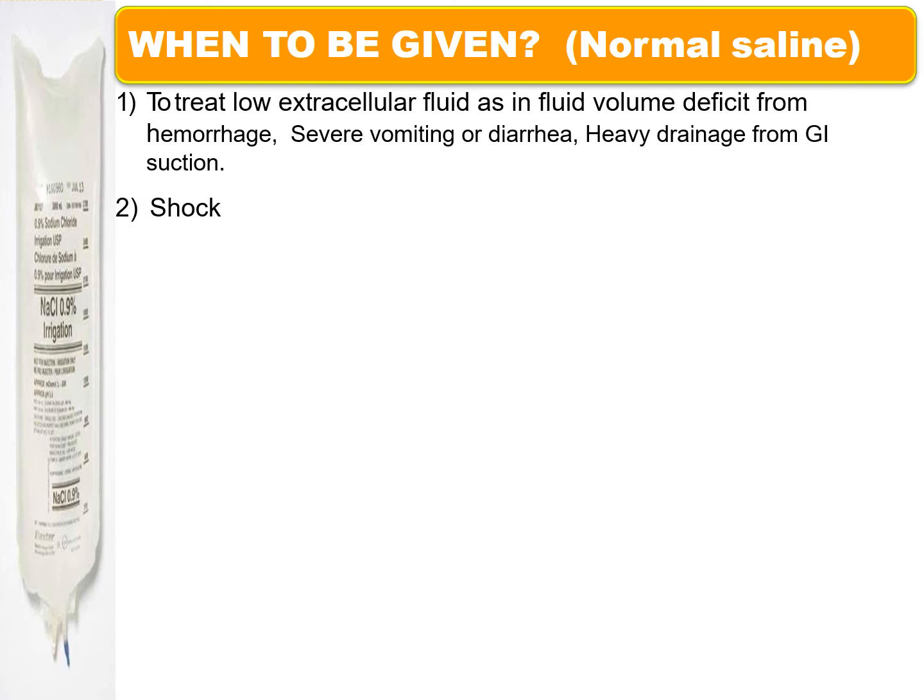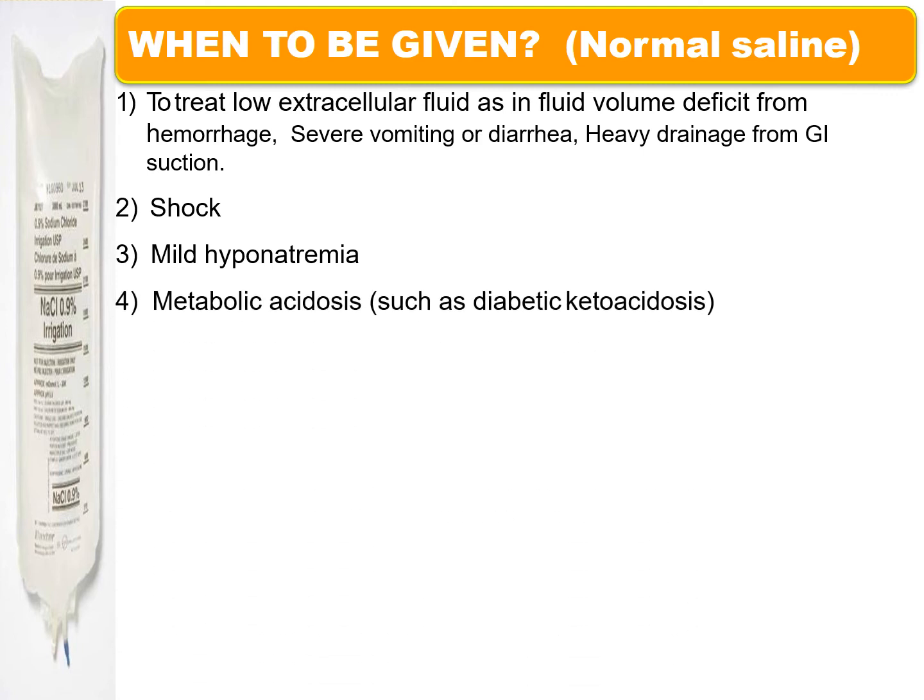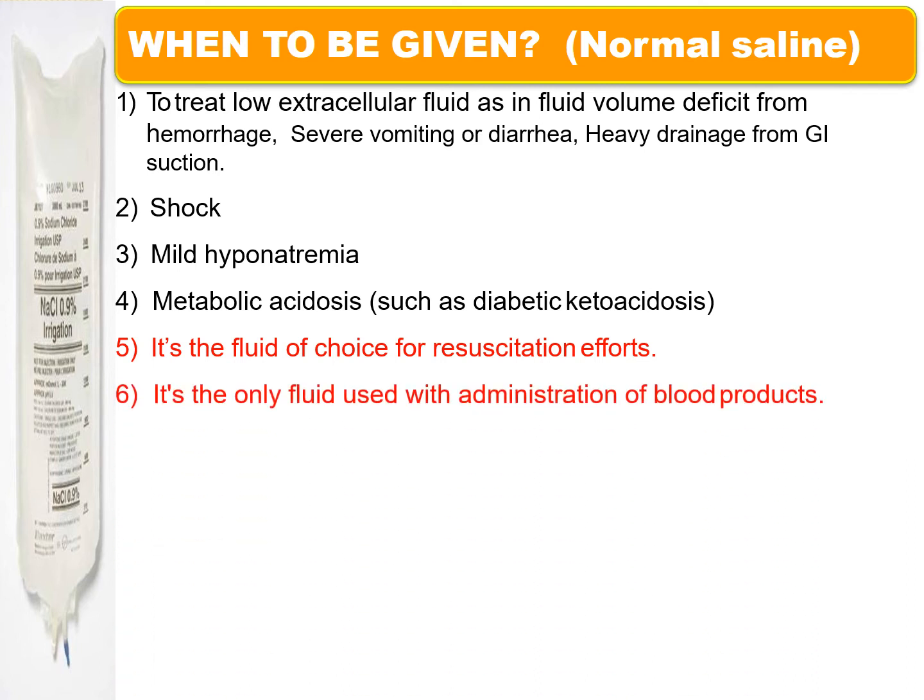It is also used in the condition of shock, in mild hyponatremia, and in metabolic acidosis, such as diabetic ketoacidosis. Normal saline is the fluid of choice for resuscitation efforts. It is the only fluid used with the administration of blood products.